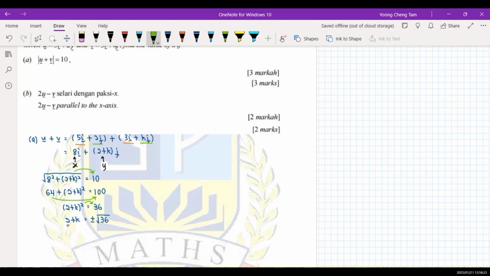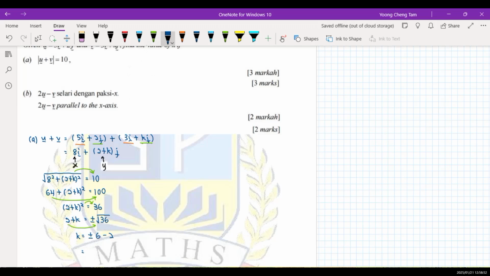Finally, move 2 to the other side. So k equals plus minus square root of 36, which can be calculated. Square root of 36 is 6. So it's plus minus 6 minus 2. The meaning of plus minus is one answer is plus, one answer is minus, so you have two answers.